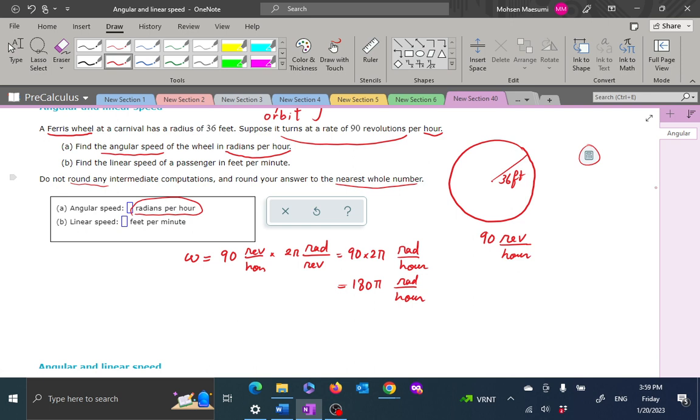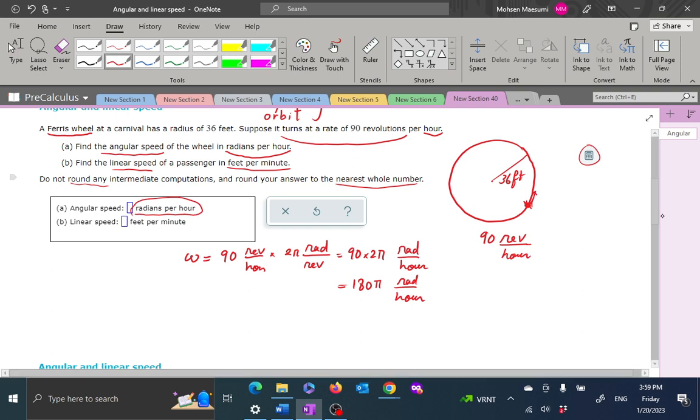Okay, next one, more interesting. What's the linear speed of a passenger? Now it's asking for feet per minute. So you are here with your friend, going around just like being on a road, and you want to know what your speed is.